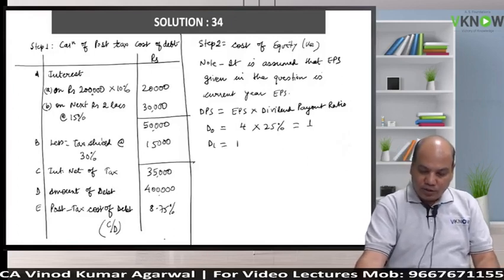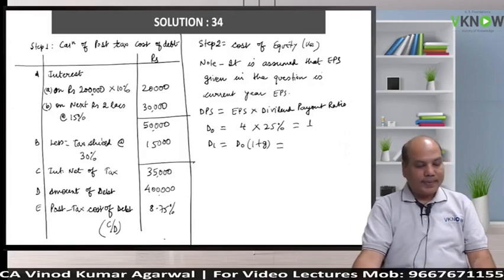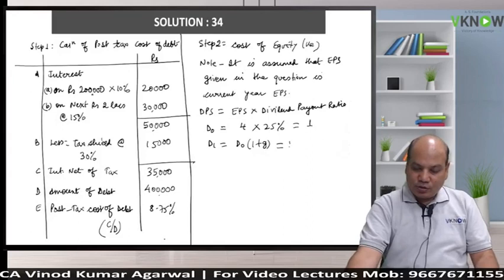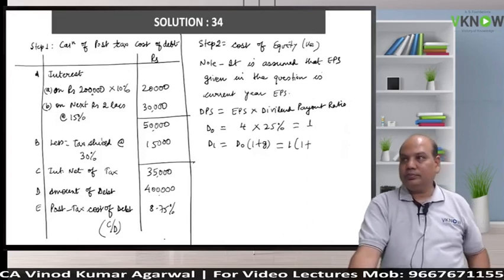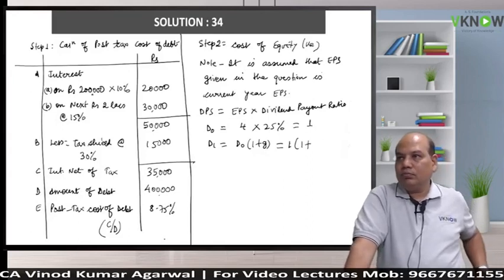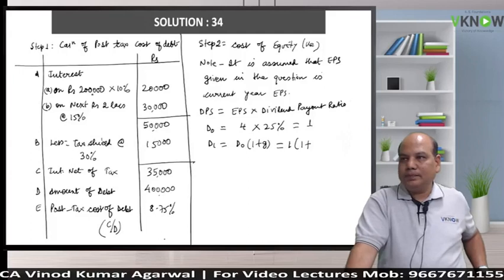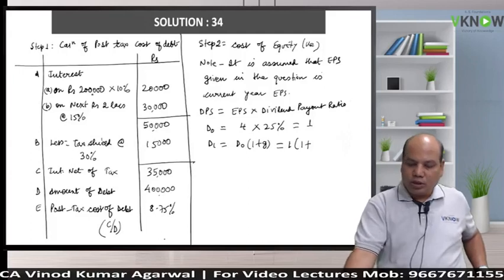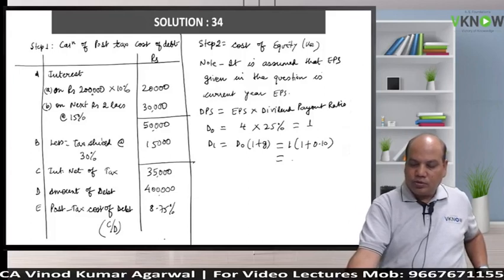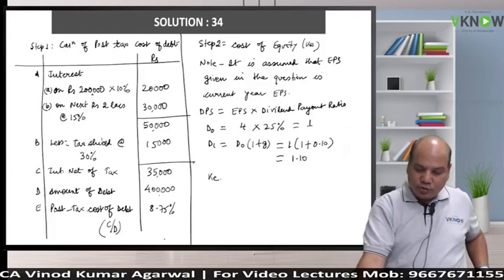D1 will be D0 into 1 plus G. What is the growth rate in the problem? 10%. So, that D1 will be equal to how much? 1.1.